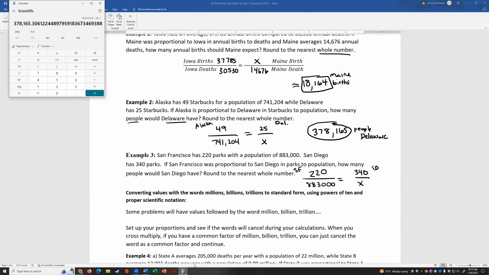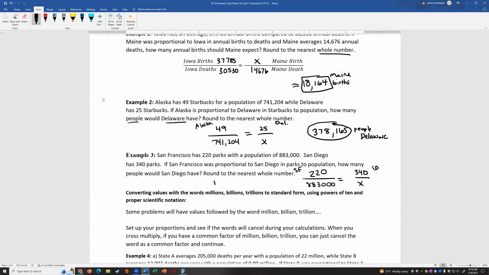So this time, again, I know the 340 times 883,000. I know both of those numbers, so we'll cross multiply that first. And then we're dividing by the one that's always across from the x. So divide by the 220. Round to the nearest whole. This is going to be 1,364,636. 0.3 will not bump that up, so it's just going to be 636.